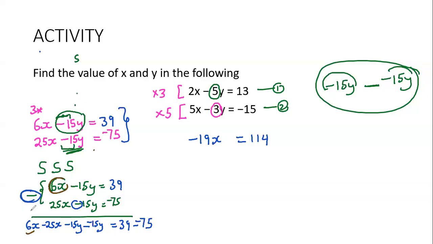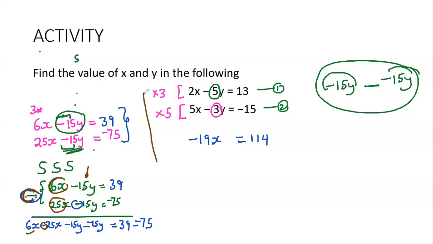Since we are subtracting, you get the first equation minus the second equation. So you get the minus here, and now with the 25x here. Then you go to the second one. This minus this. This minus this. Have you seen?